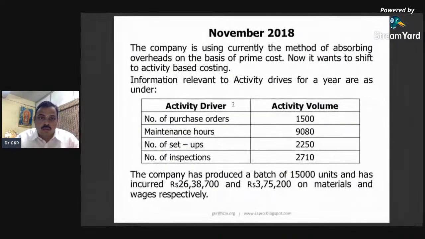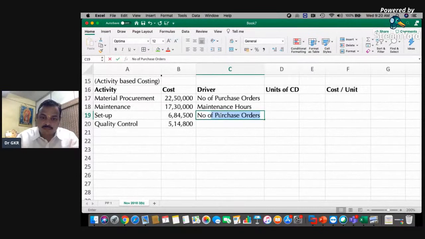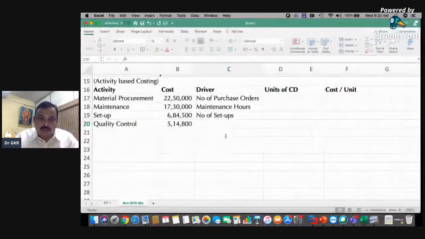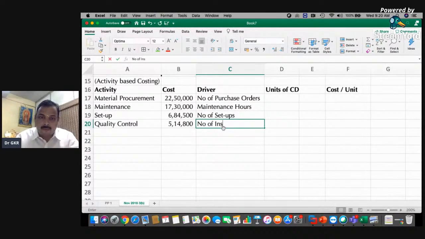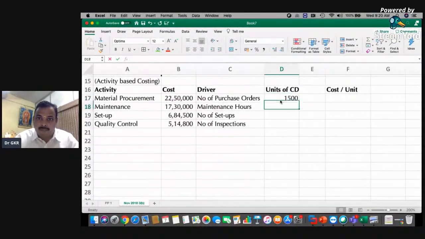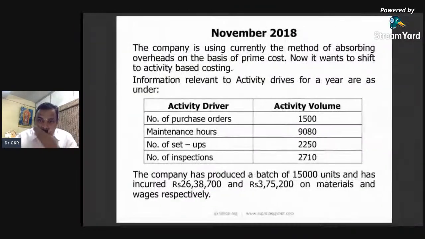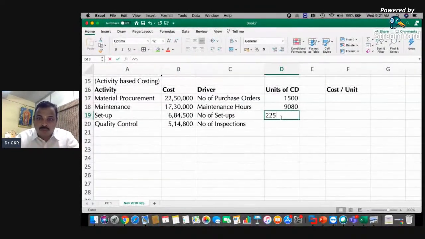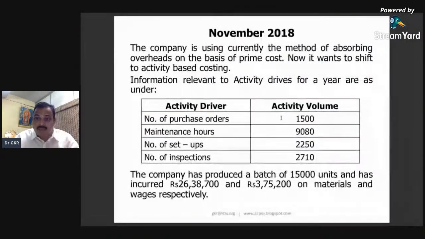Then you have number of setups, then number of inspections. Units of cost driver, that is given: 1500, 9080, 2250, then 2710.